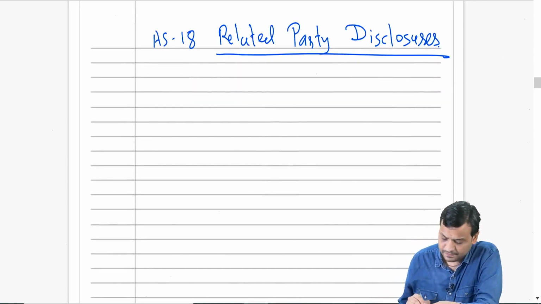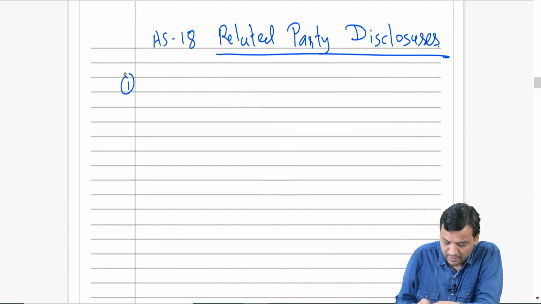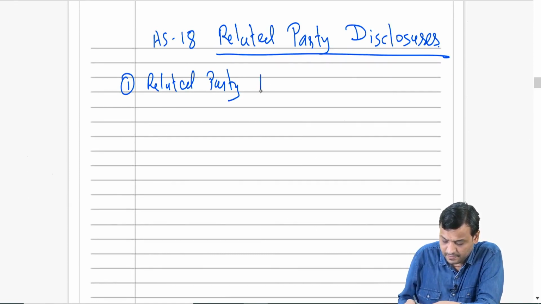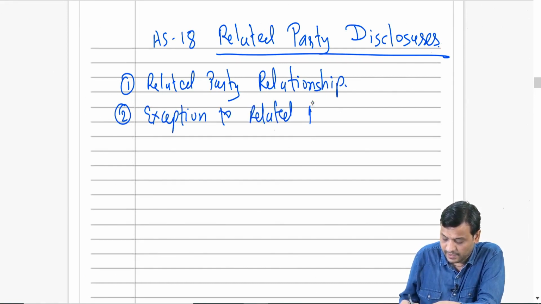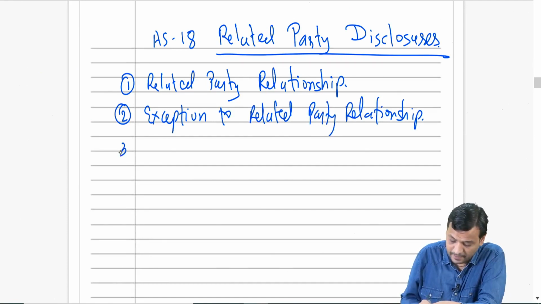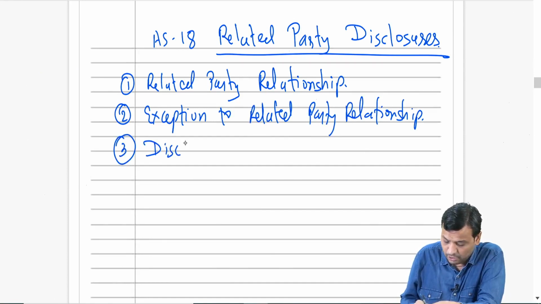Now friends, what are we supposed to remember here is related party relationship, means who are our related parties, exceptions to related party relationship, means the following should not be considered as related party. Then what are the disclosures, and of course exemption from disclosure.